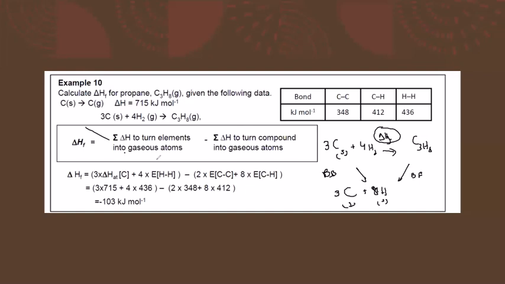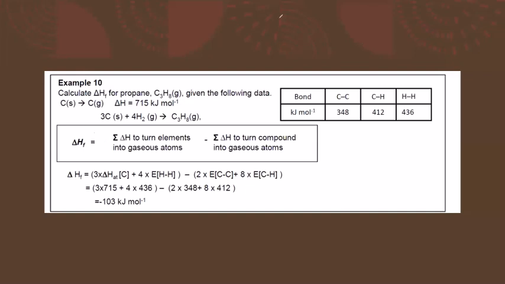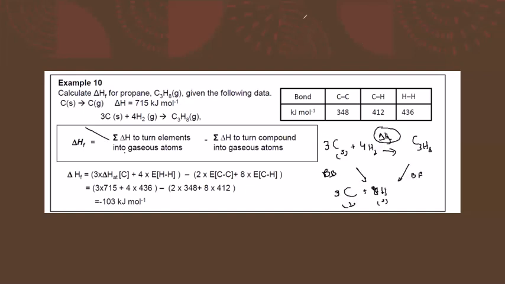When we make a cycle here and use the values, carbon in solid state is converted into a gaseous state. When we produce a gaseous atom, we call it atomization. So atomization is given here, which is 715, but that should be multiplied by 3 because we are producing 3 atoms of carbon.